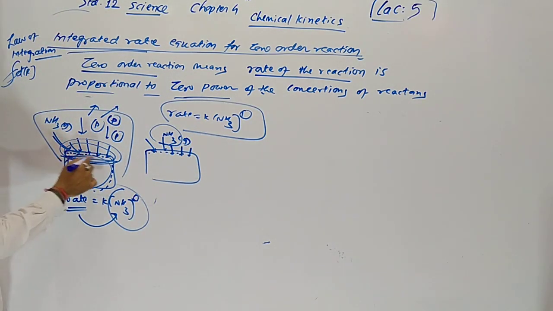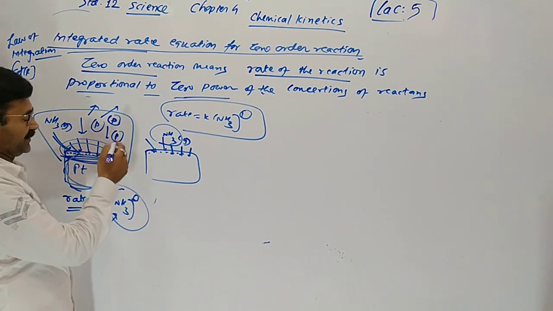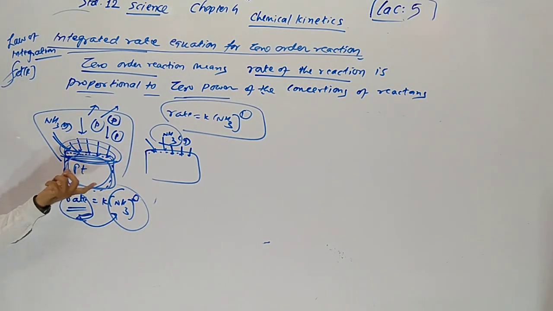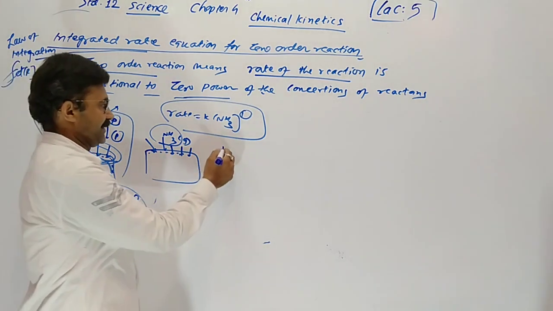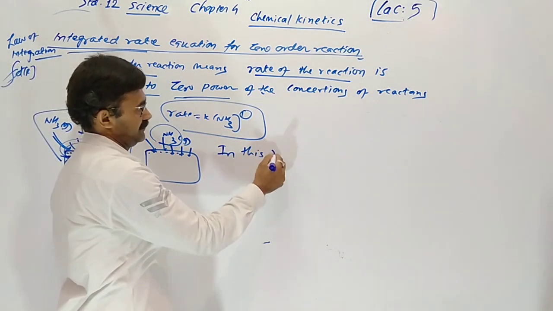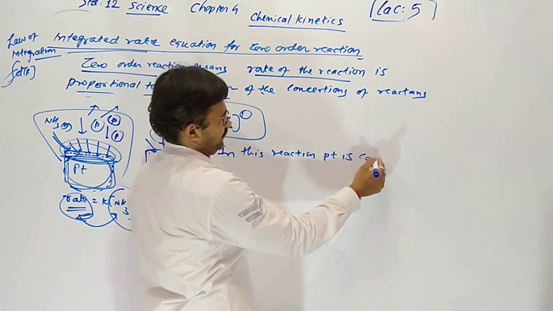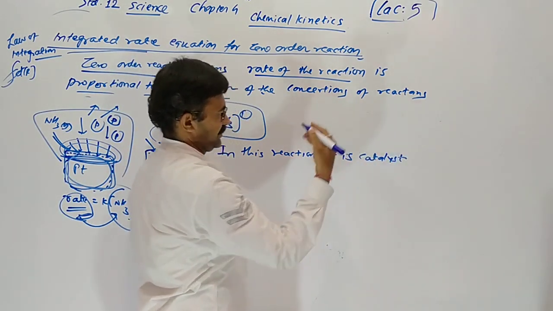High pressure means all the holes are filled at a time, and when we increase the pressure, the rate is not depending upon pressure or concentration of the ammonia. Understood? In this reaction, platinum is the catalyst.